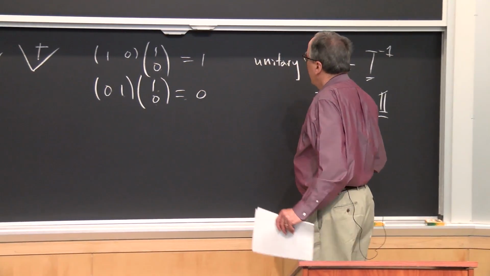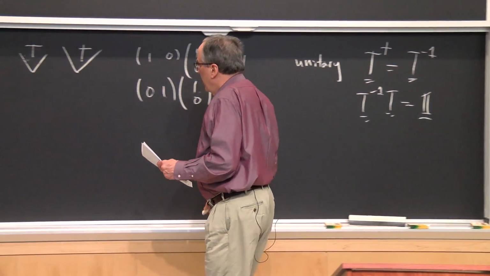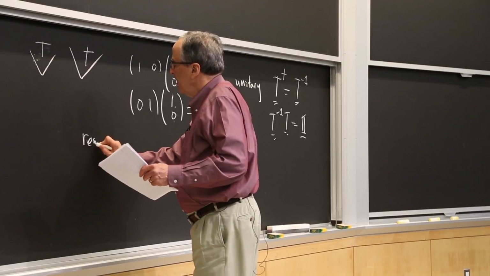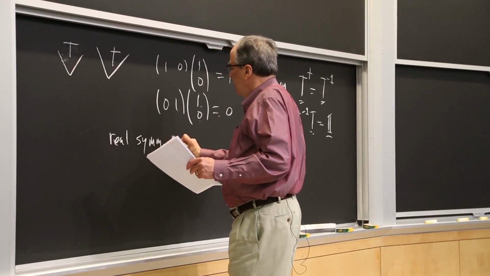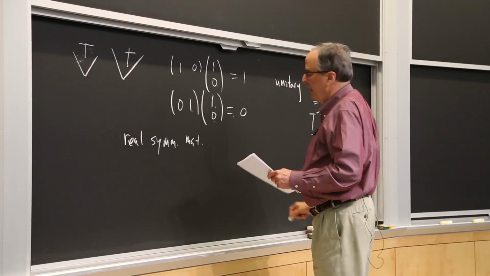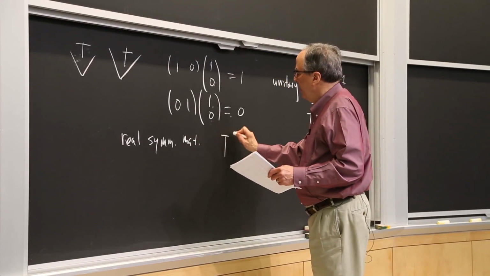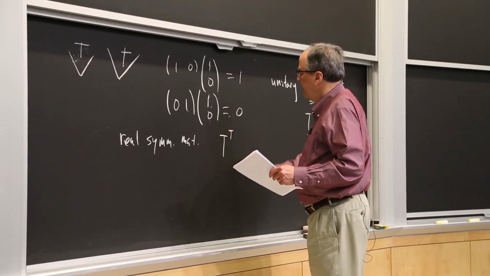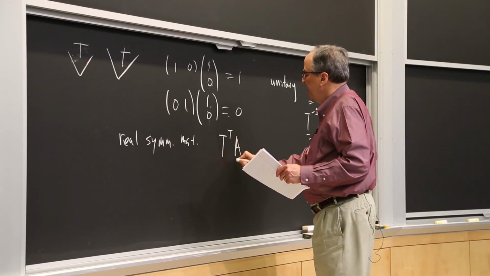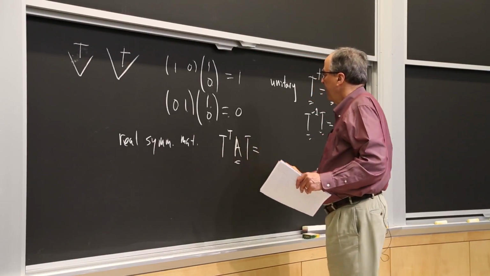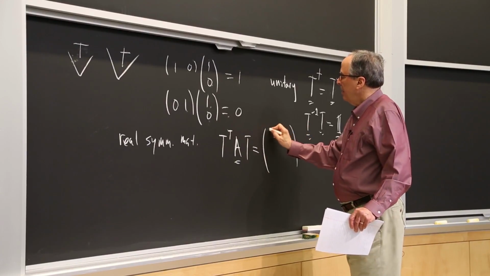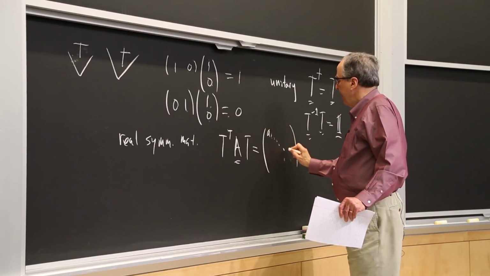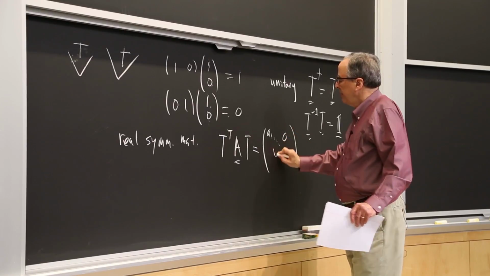So, if you have a real symmetric matrix, then you can say, okay, T transpose A T gives the diagonal matrix with A1 through AN along the diagonal and zeros elsewhere.